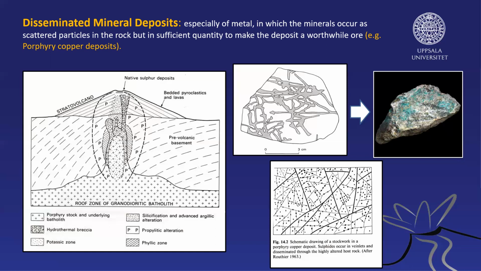We have a magmatic body, and we have different zones around part of this magmatic body, and surrounding these zones, we have an area where we have transformation of the rocks, mostly by heat.